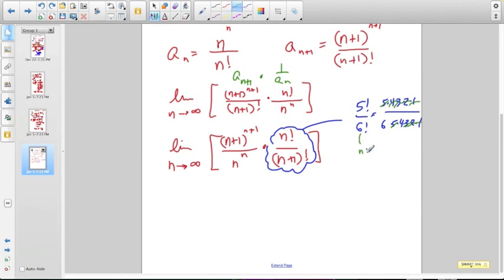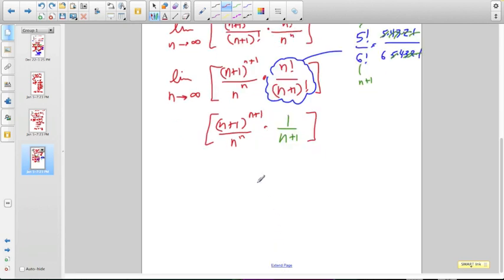The 6 is that n plus 1 expression, the 5 is the n expression. So this whole thing reduces to 1 over n plus 1. And so we have n plus 1 to the n plus 1 power over n to the n power times n plus 1.